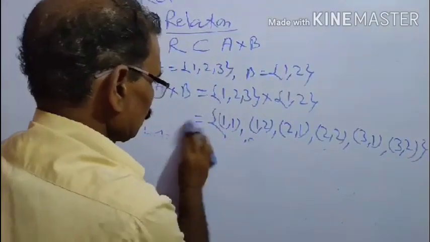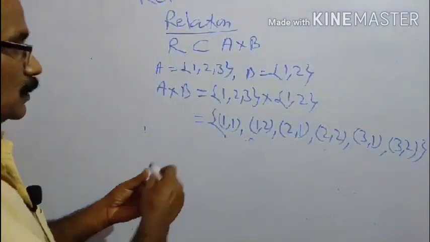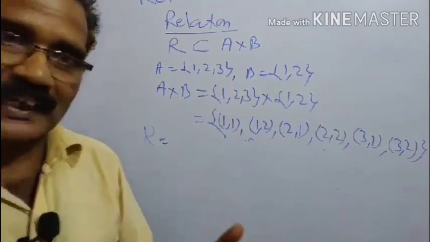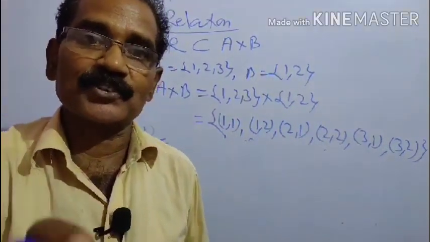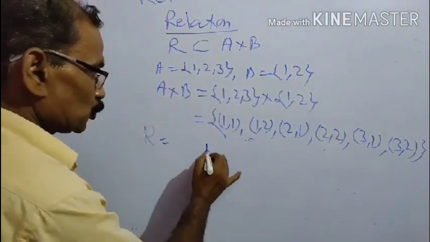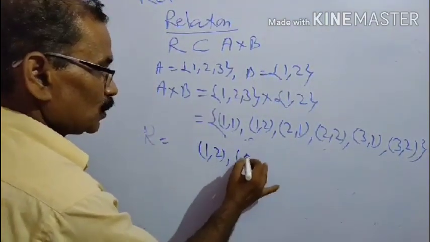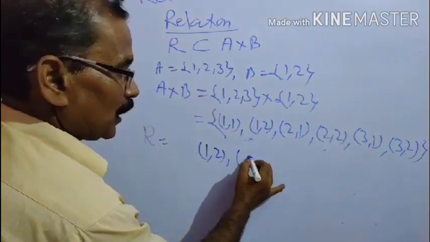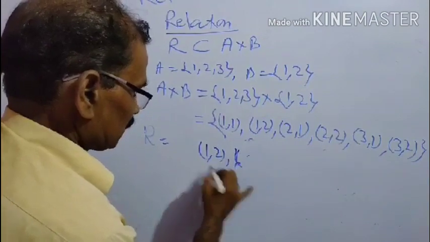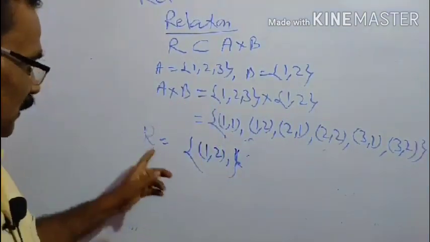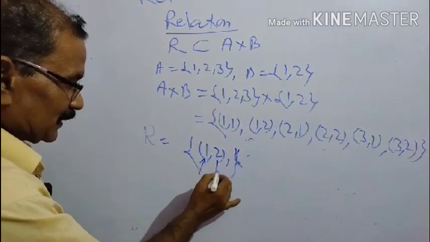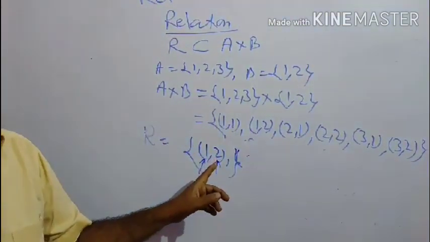Suppose R is a relation. Since we know that a relation is a subset of A Cartesian B, we take, suppose, (1,2) and this relation, suppose, means the first entry is less than the second entry.